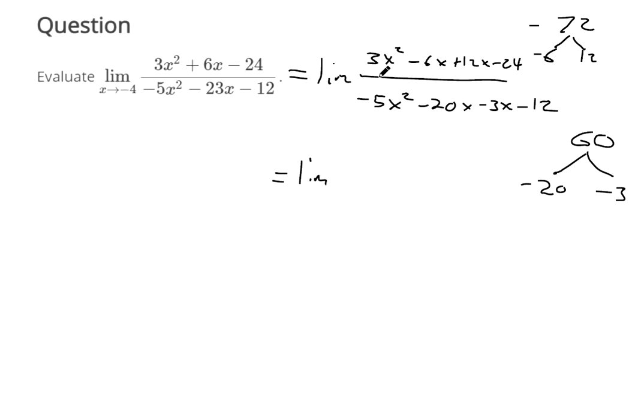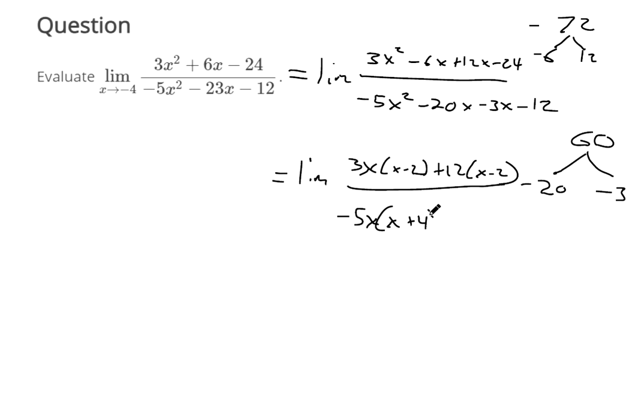Factoring the top by grouping, putting these in a group I can factor out a 3x. I'm left with x minus 2. And then here you can factor out 12 from both of those, so that's x minus 2. Factoring these by grouping, I'm going to factor out a negative 5x. We get x plus 4. And then here I'm going to factor out a negative 3. So we get x plus 4.